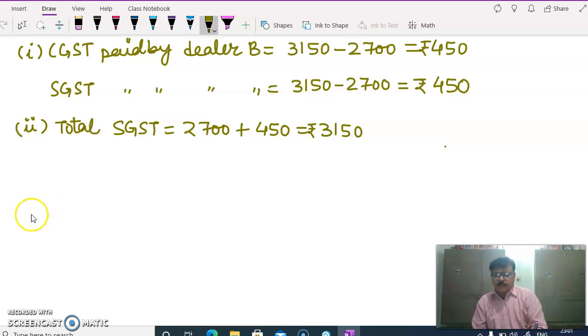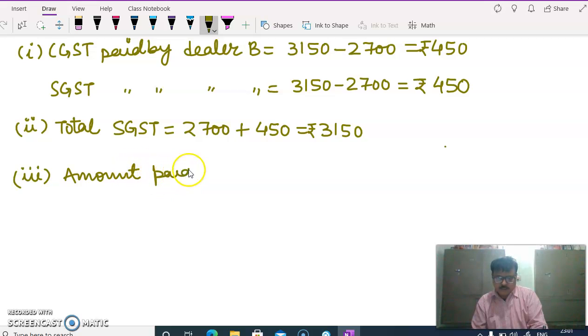Now the third part says what is the amount which the consumer has to pay. Amount paid by the consumer. He has to pay 18%.